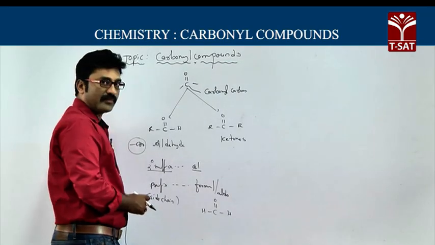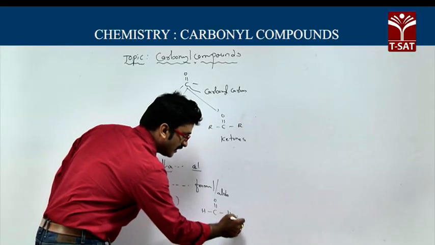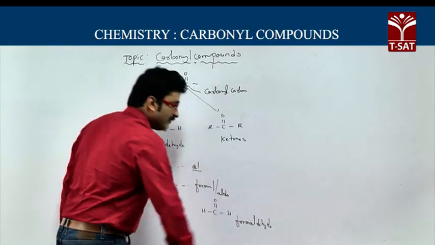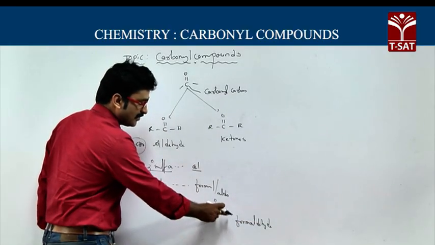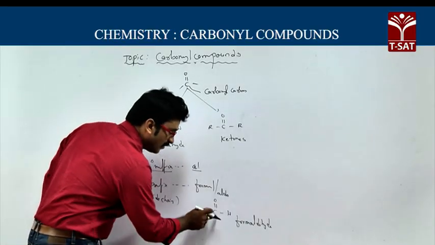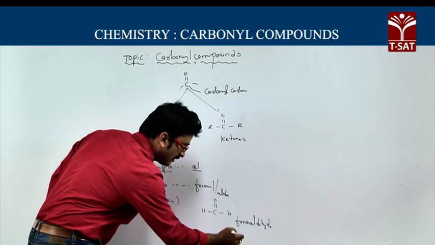The common name of this compound is formaldehyde. And when it comes to the IUPAC name, this is the principal functional group, and only one carbon is there. So its IUPAC name is methanal.